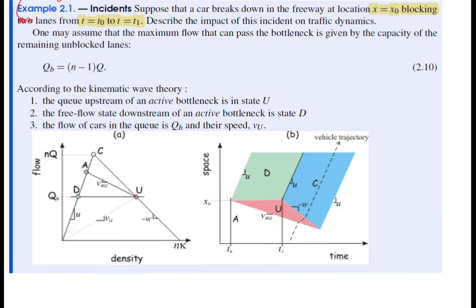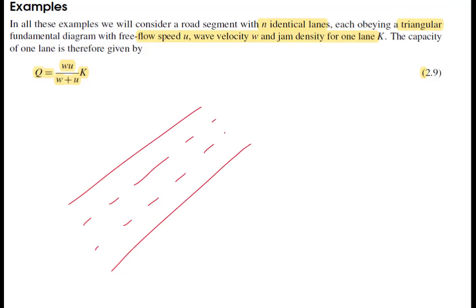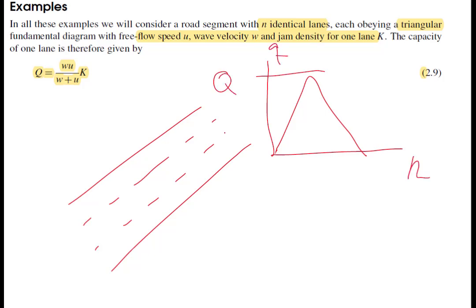First of all, let's compute the capacity of the freeway with the incident. Remember we said before the capacity was the tip of the triangle, that's Q right here, for one lane. So the tip of the triangle for all lanes would be NQ right there.